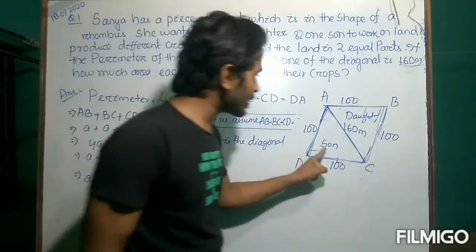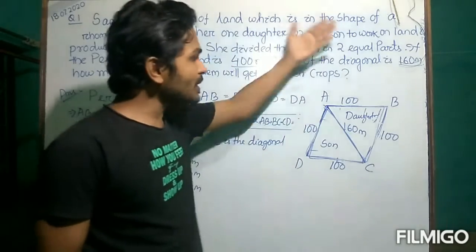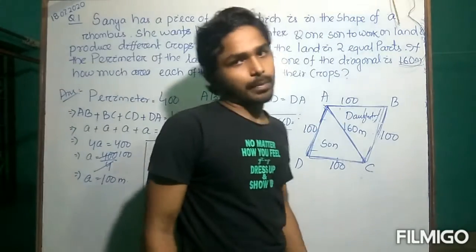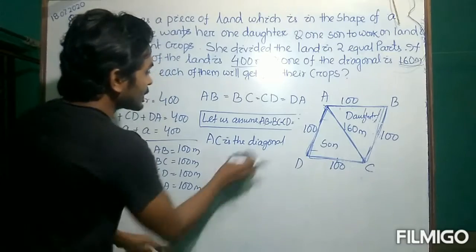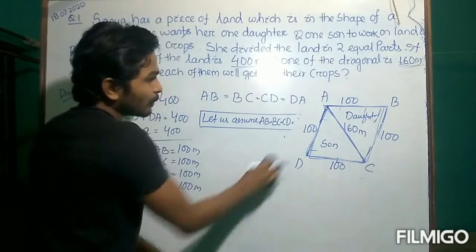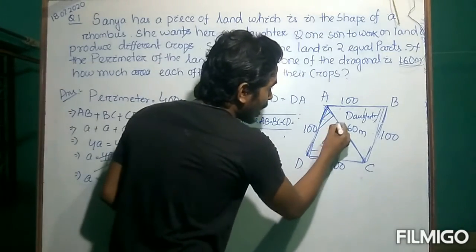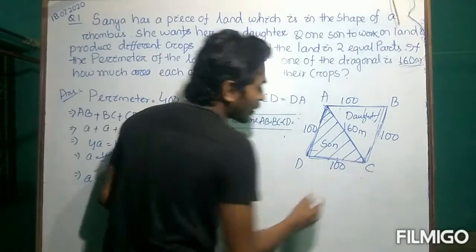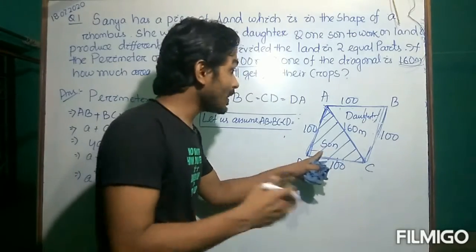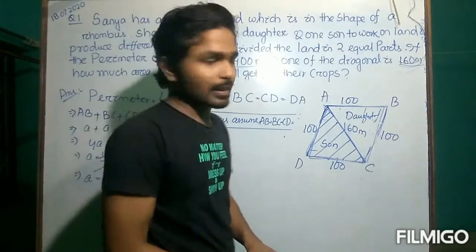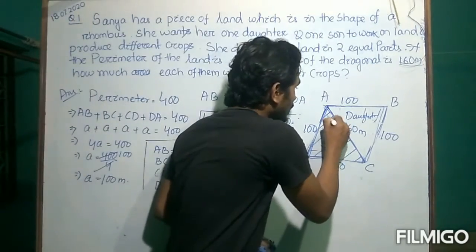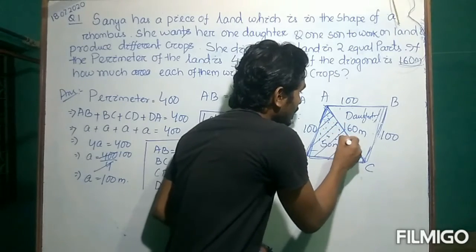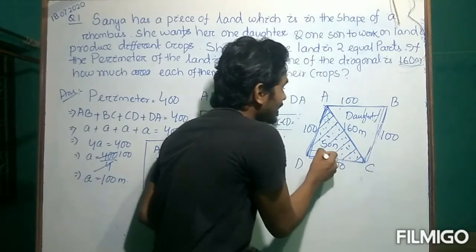That means in how much area the son will grow crops and in how much area the daughter will grow crops.